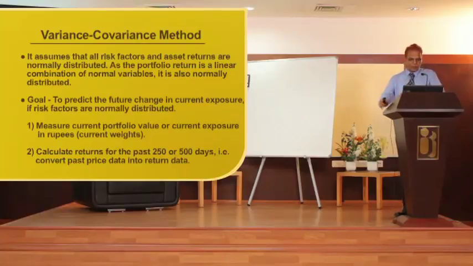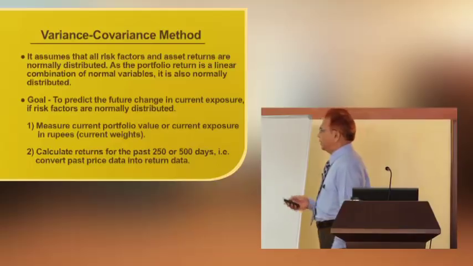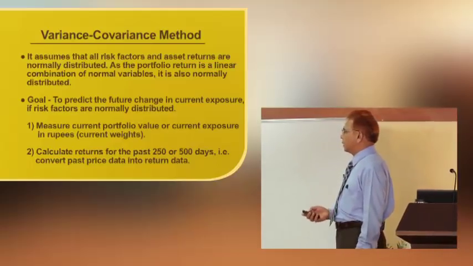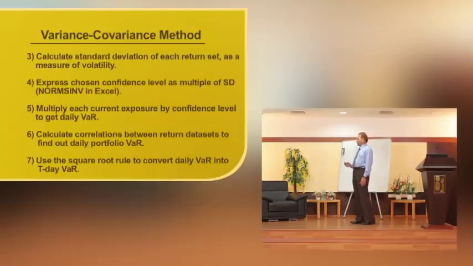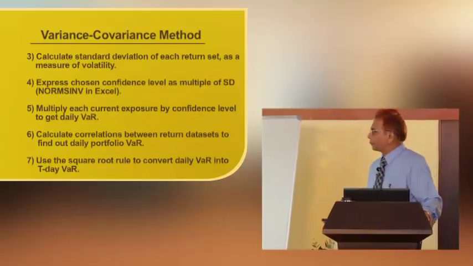It measures the current portfolio value or current exposure in rupees, current weights, and then calculates the returns for the past 250 or 500 days, converting the past price data into return data, and thereafter the methodology is quite similar to what we discussed in the case of the historical method. So this is basically the statistical methodology for how you calculate the variance-covariance VAR number.